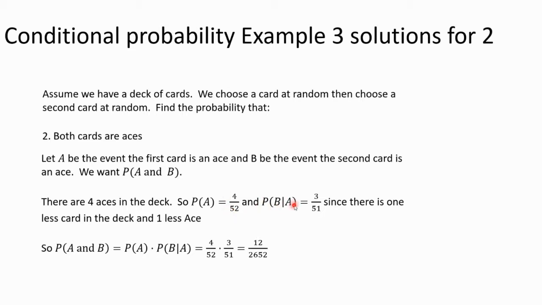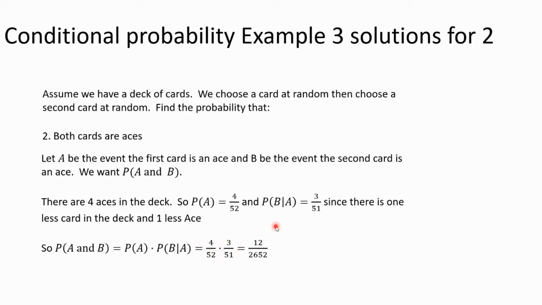But if we know A occurred, there's 51 cards and 1 less ace. So that would be 3 out of 51. So the probability of A and B both occurring is this product. So that's what we get there.